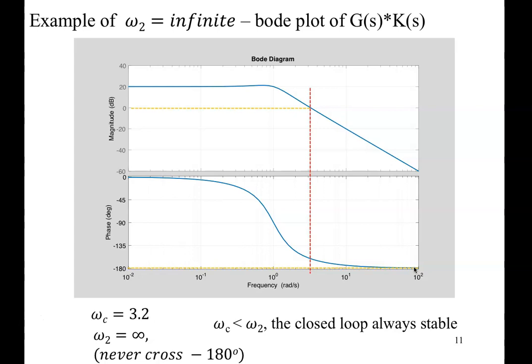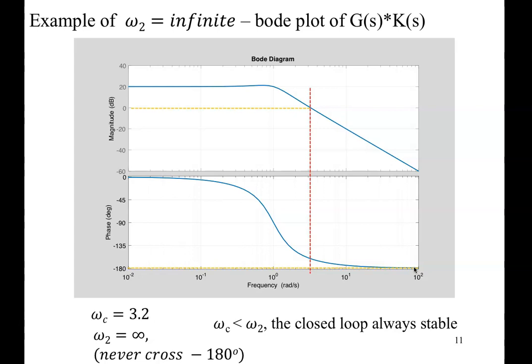For a first order system, the maximum change of phase angle is 90 degrees. Second order is 180 degrees. So first and second order systems, unless they are unstable in the first place, do not go across minus 180 degrees on their phase plot.